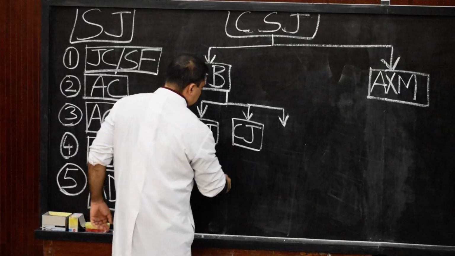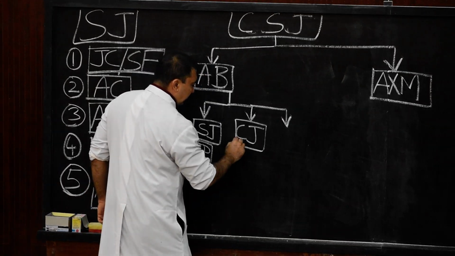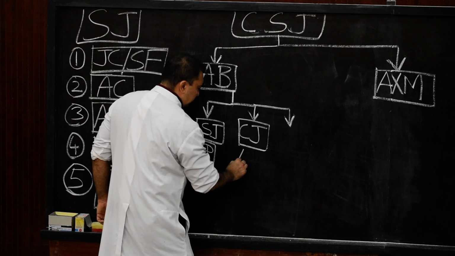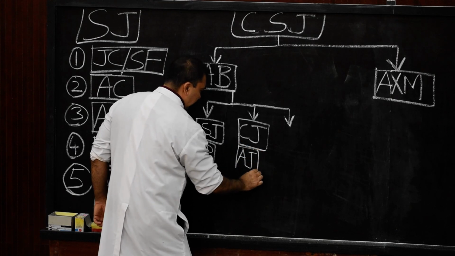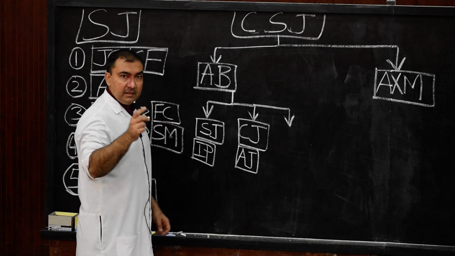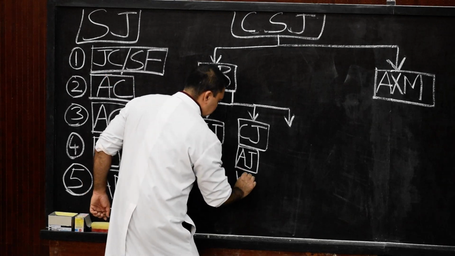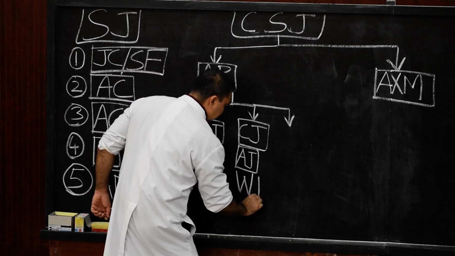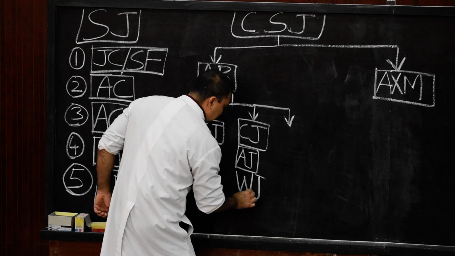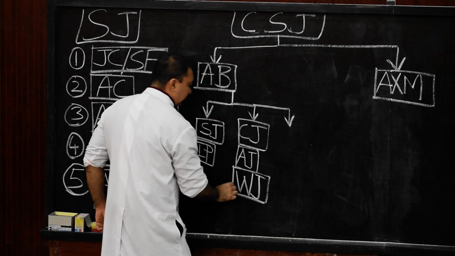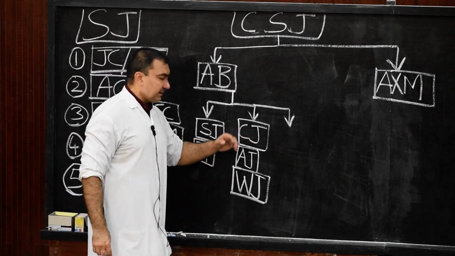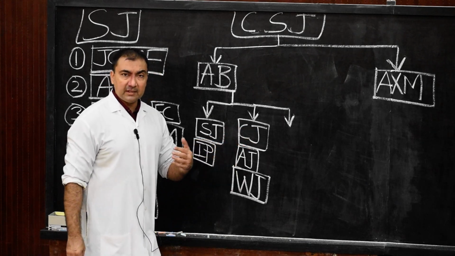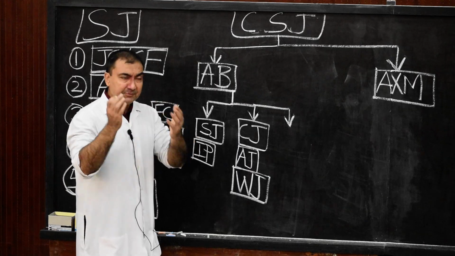The examples of compound joints are the ankle joint, please note down, and the wrist joint. The wrist joint is also known as the radiocarpal joint. These two come under the category of compound joint.